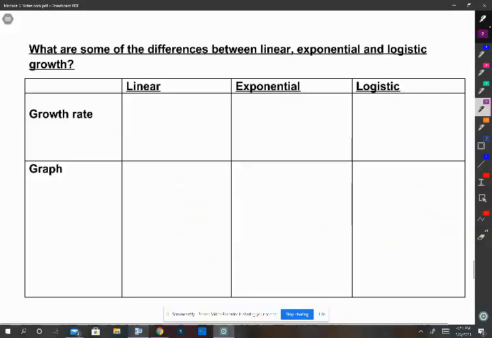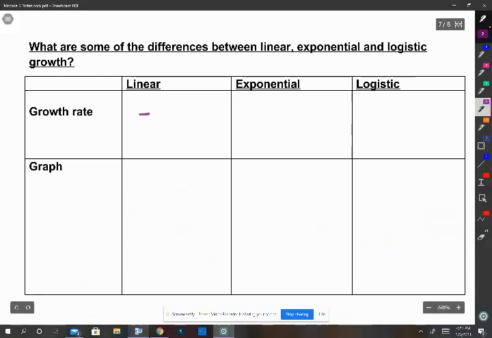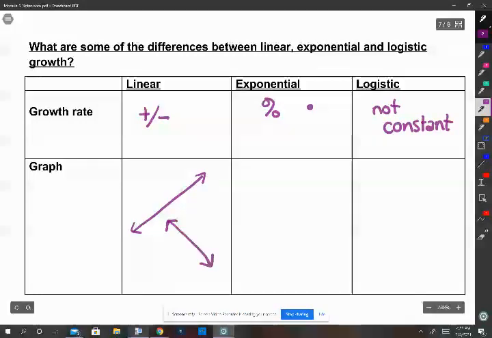So the next thing talks about the growth rate. And the growth rate, remember, is adding or subtracting the same number. Exponential is if you have a percent sign or you're multiplying by a number. And logistic is not constant. This one's going to be looking a little bit different. So if it's adding or subtracting, then you're going to have a straight line graph that either goes up or goes down.